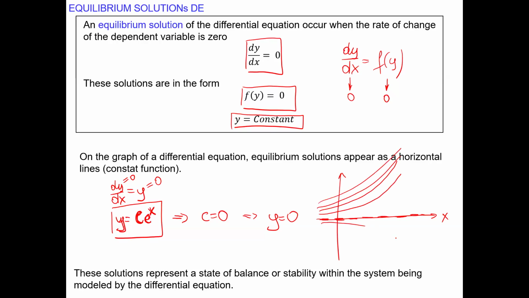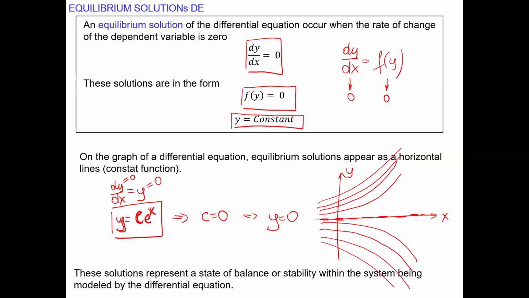If c is negative 1, negative e to the x, or negative 2 e to the x, and so on. In a minute, we will name this type of solution. y equals zero is the equilibrium, a horizontal line, which is also a solution, and the others behave like this. Let's name what this means with respect to stability.